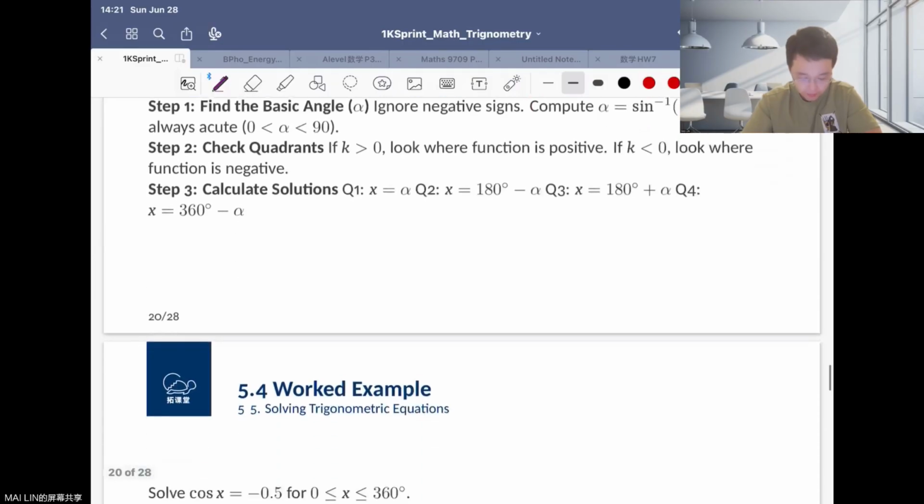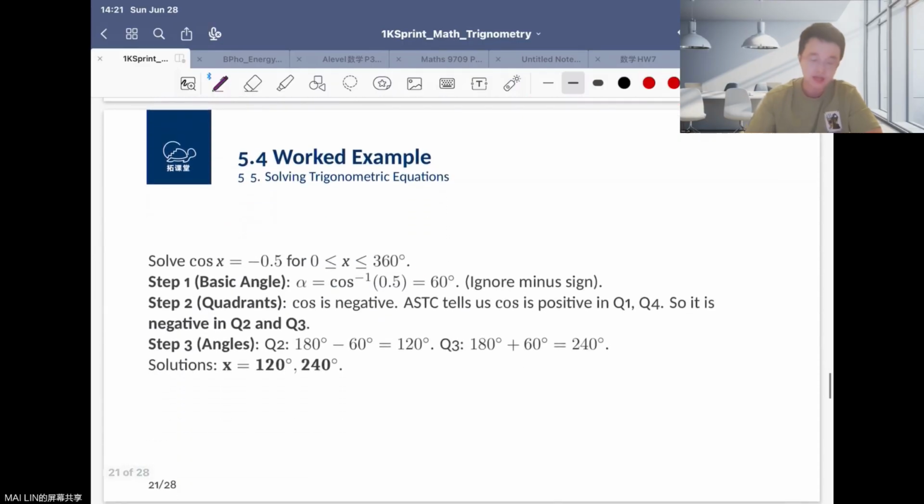Let's find another worked example: cos x equals negative 0.5, where x is between 0 and 660 degrees. First, sketch the graph of the cosine function, and then draw a horizontal line at negative 0.5.